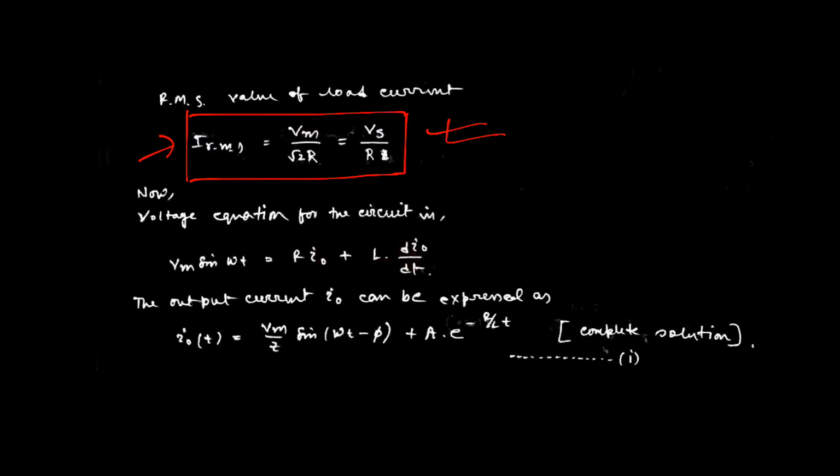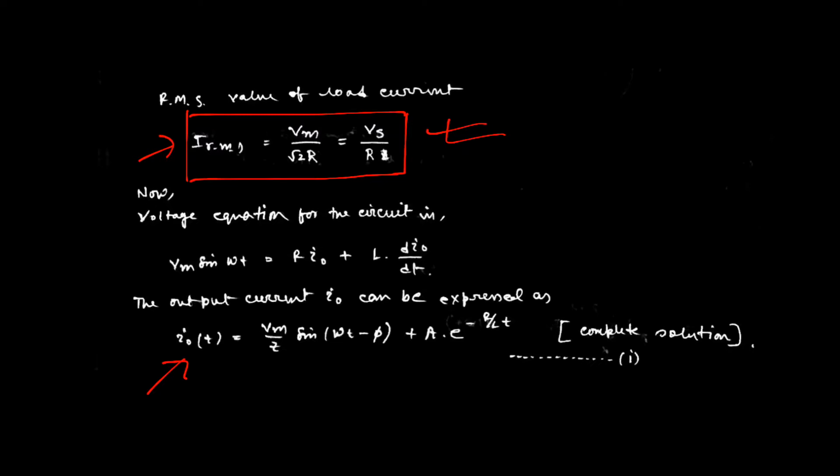That means the output current can be expressed as I0(t) equal to Vm by Z sin(omega t minus alpha) plus A into e to the power minus R by L t, a complete solution that was discussed in my previous section many times.